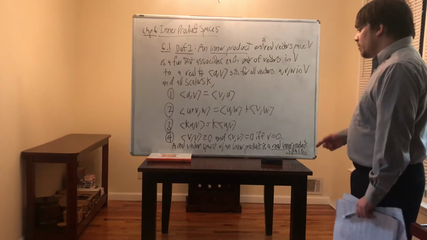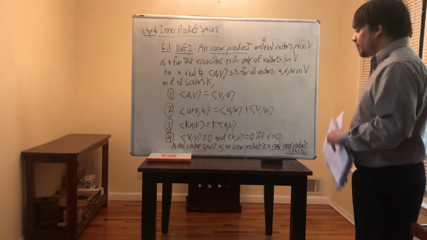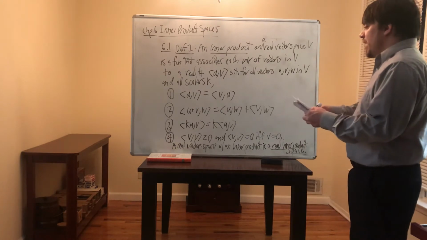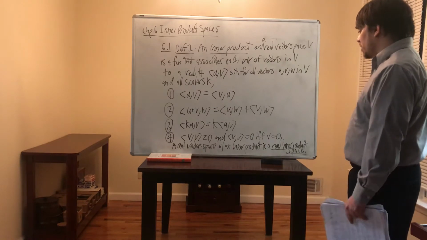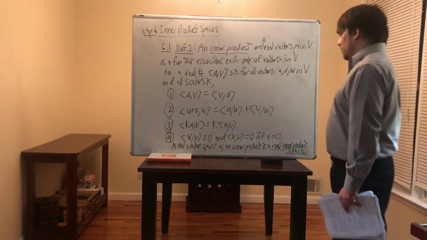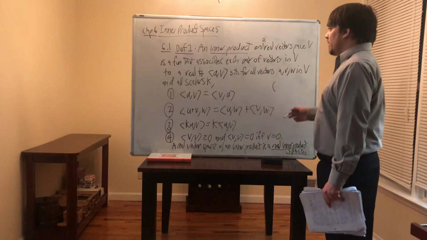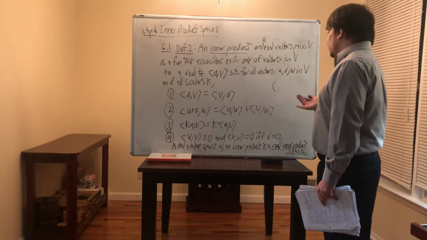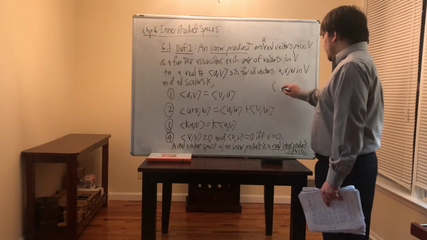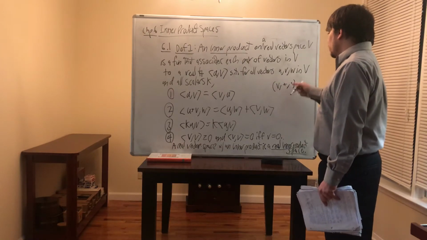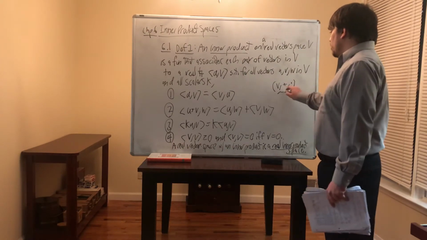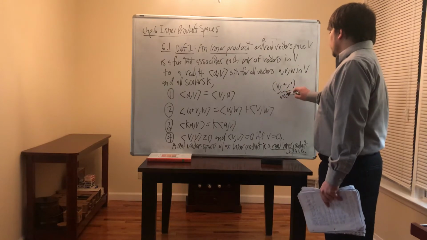Okay? And so if you take a real vector space and you add to that real vector space an inner product, it's called a real inner product space, right? So if you have a set V, an operation of addition and an operation of scalar multiplication, that's your vector space, right?